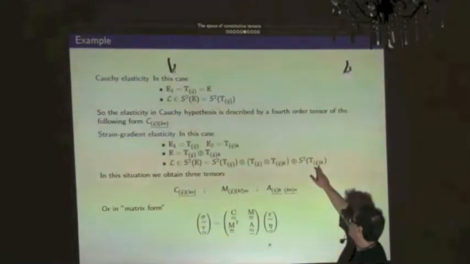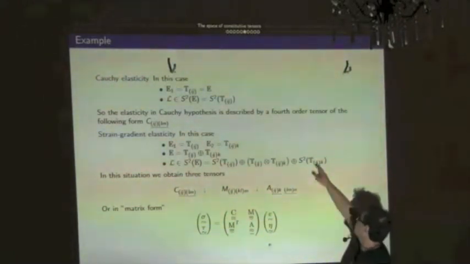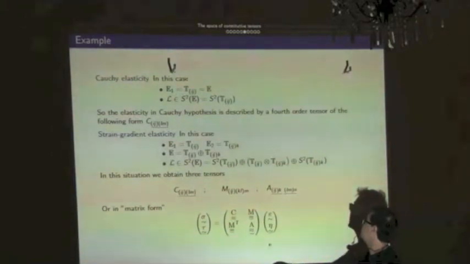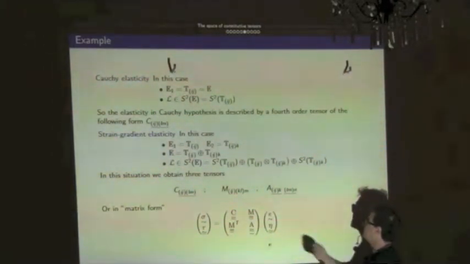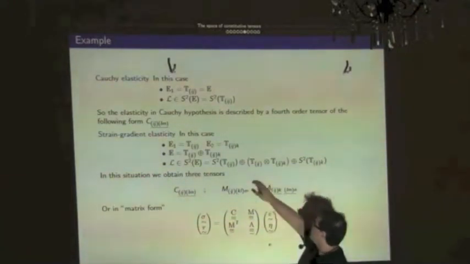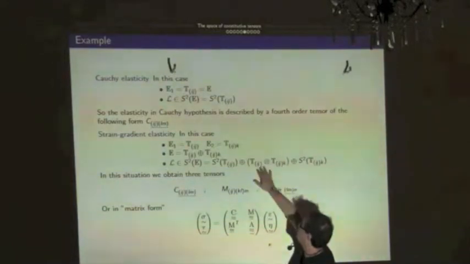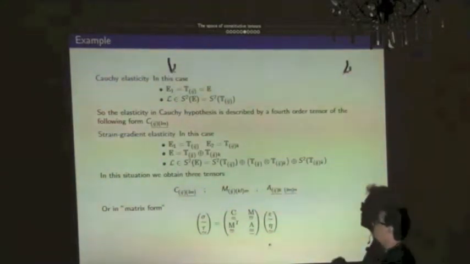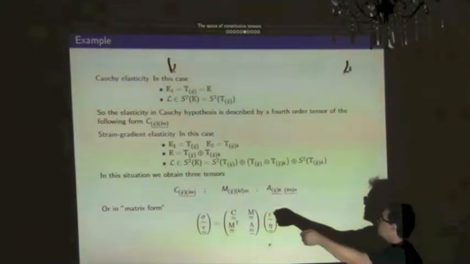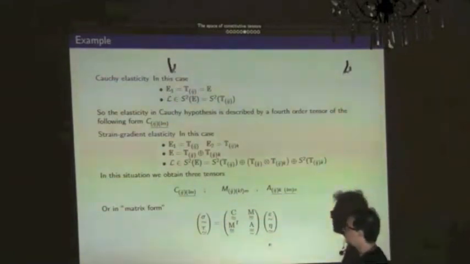A tensor belonging to that space is a tensor that takes as input a third order tensor and gives another third order tensor as an output. And I will have some kind of elements that will belong to this space, and this space is a coupling space between first order measure and the second order one.